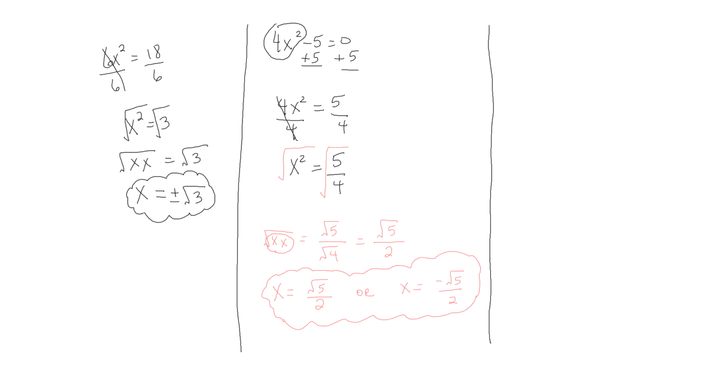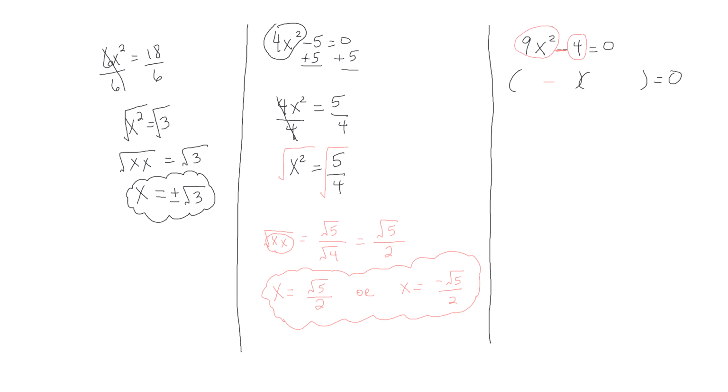9x squared minus 4 equals 0. I'm going to try to factor this one because it's factorable easily. It is, hopefully you remember this, the difference of squares, of a perfect square and a perfect square.